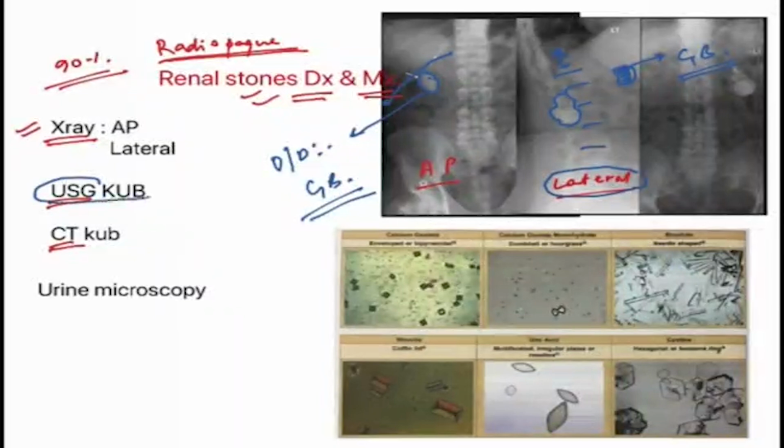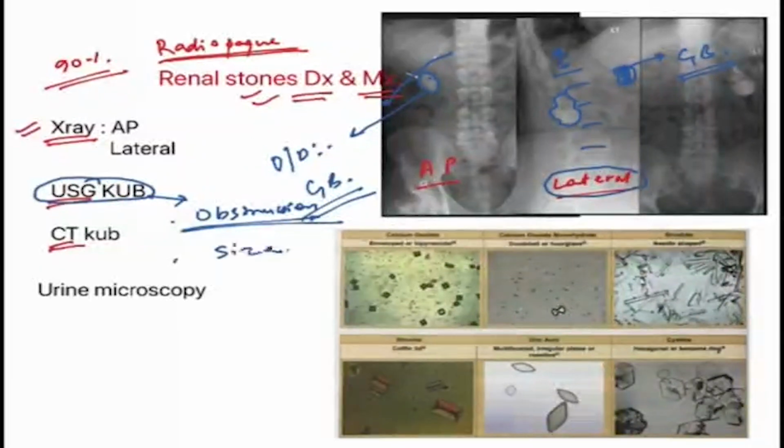After X-ray, we proceed towards ultrasound, because ultrasound can show whether there is obstruction of the urinary system, that is ureteric obstruction or hydronephrosis.